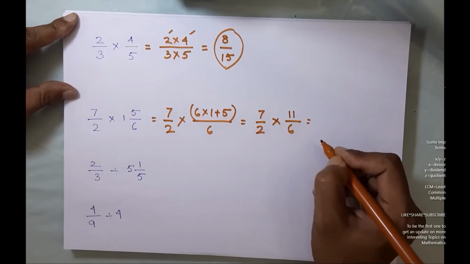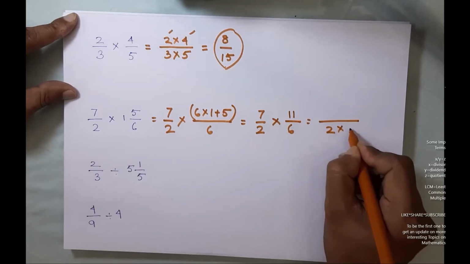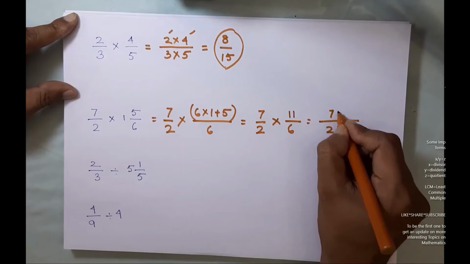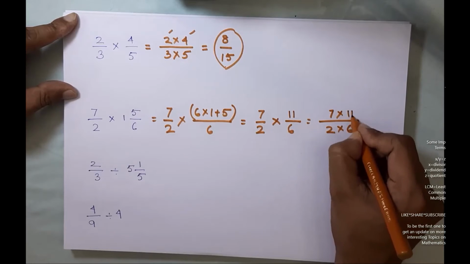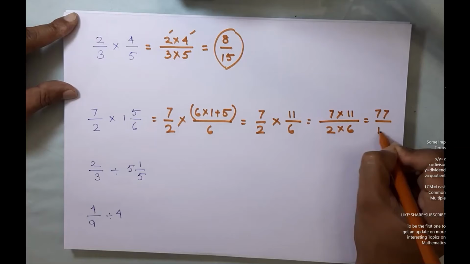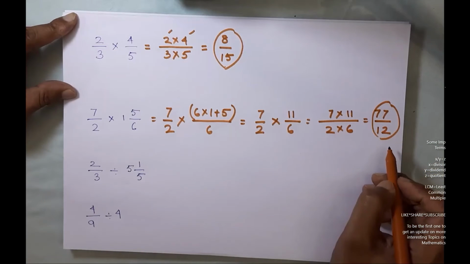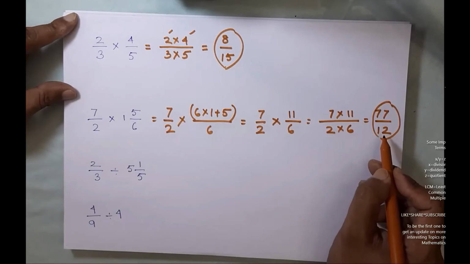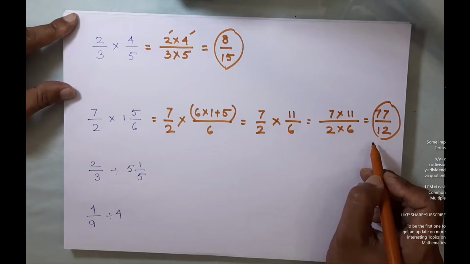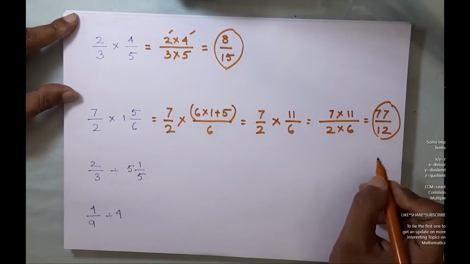Now we can follow the process of simple multiplication, where both the denominators will be multiplied and both the numerators will be multiplied. It becomes 77 by 12. So this is your answer, but just don't leave it like this. If you can convert it into a mixed fraction, please do that. There are so many occasions where we have discussed how to convert from improper to mixed fraction. Please refer to those videos.